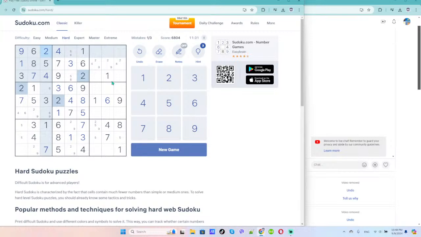And okay, here what else? These remain as the mysterious candidates of the Sudoku, the groups that I told you previously.